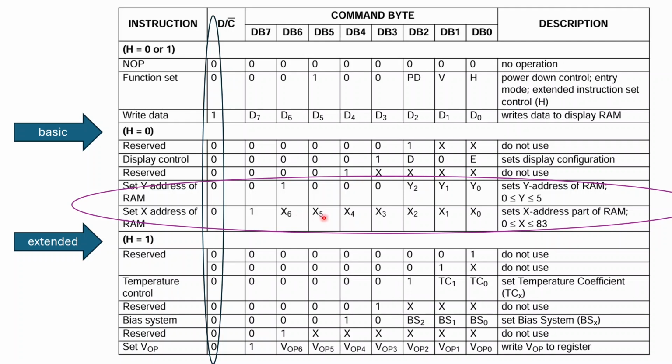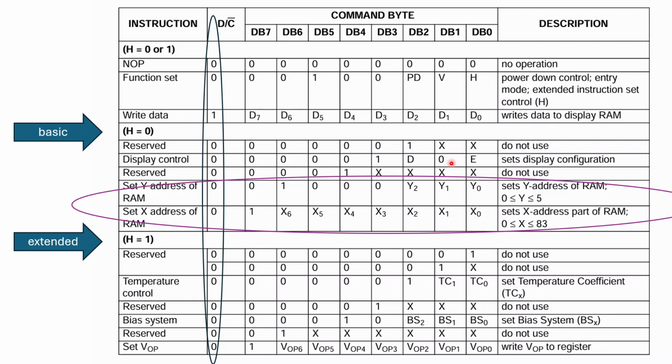That's it. Everything outside of this range for Y and that range for X is not valid. So with these 2 commands you can specify the pointer in the frame buffer RAM.